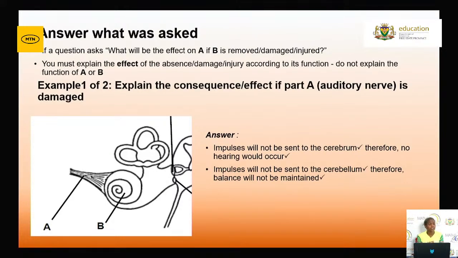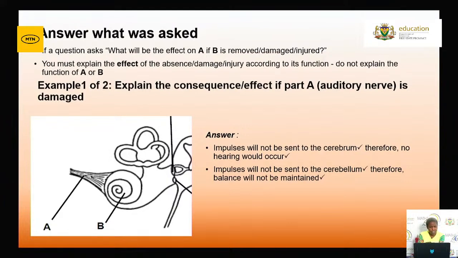And then again, you use the very same functions when you respond to the questions which are based on damage, absence, or injury. Another function of the auditory nerve, I have said, is to transmit the impulse to the cerebellum, but now it is damaged or injured.